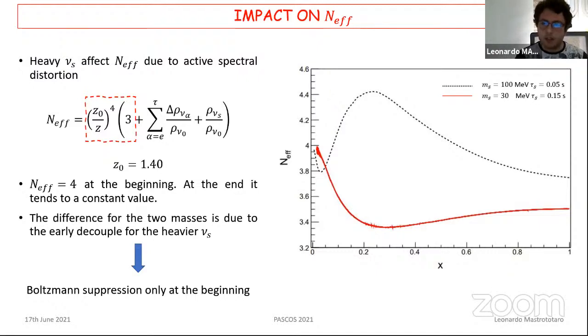This is because at light mass, sterile neutrinos are almost always in equilibrium with the electromagnetic plasma, and so they suffer a Boltzmann suppression. While for higher mass, in that case the blue curve for 100 MeV, they decouple early, and so they become non-relativistic and their comoving energy density starts to increase, then they decay and N_eff reaches a constant value.